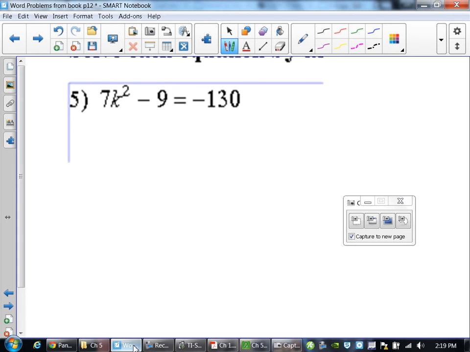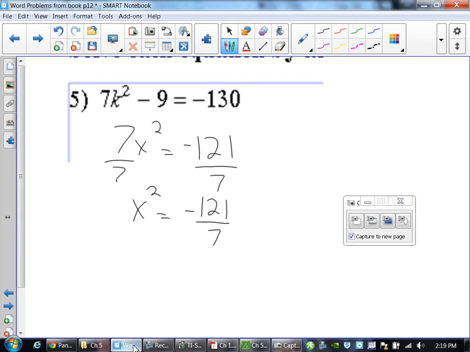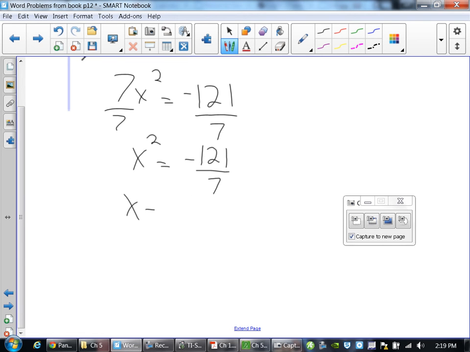Work backwards to solve for x. Add 9. Divide by 7. Take the square root.